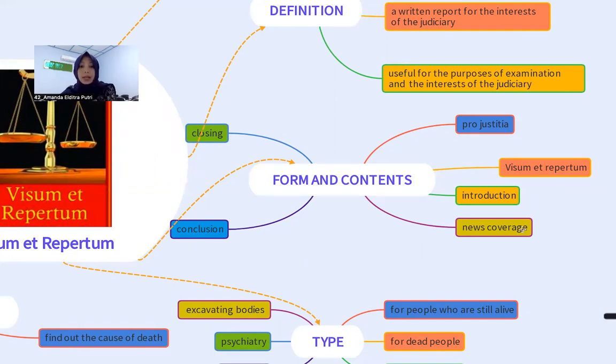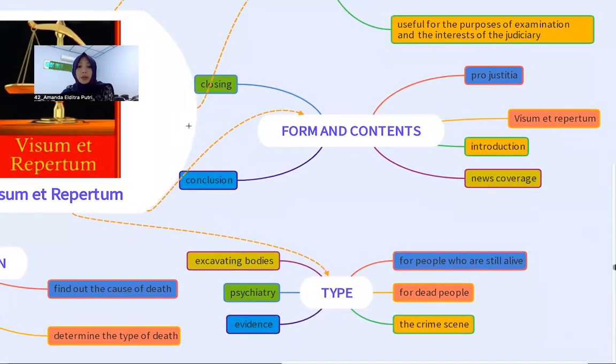News coverage, containing the result of the inspection, what was seen and found. 5. Conclusion, containing a summary of the result of the examination accompanied by the opinion of the doctor concerned. And closing, containing a statement that the report was made on the oath of a doctor with the best and correct knowledge.